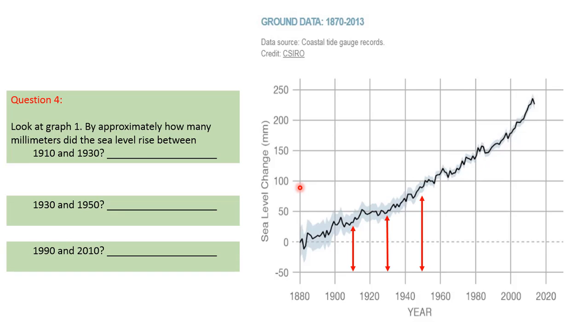Then finally, we have between 1990 and 2010. So our 1990 is right here. And it looks like it's just above the graph. So maybe it's like right about in there somewhere. And again, this is a difference of 50.